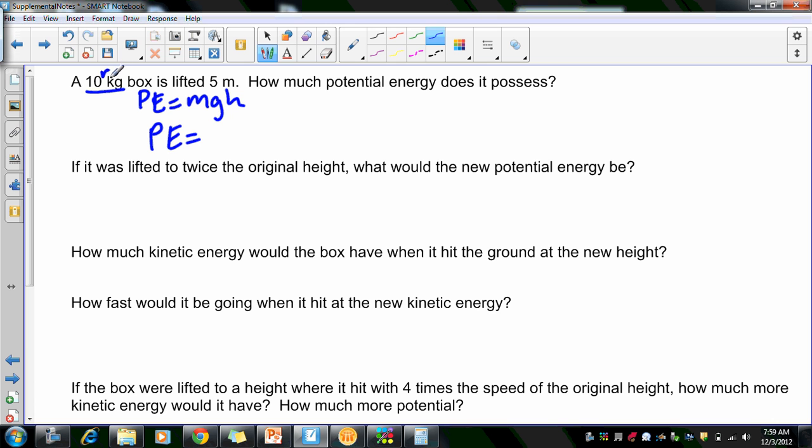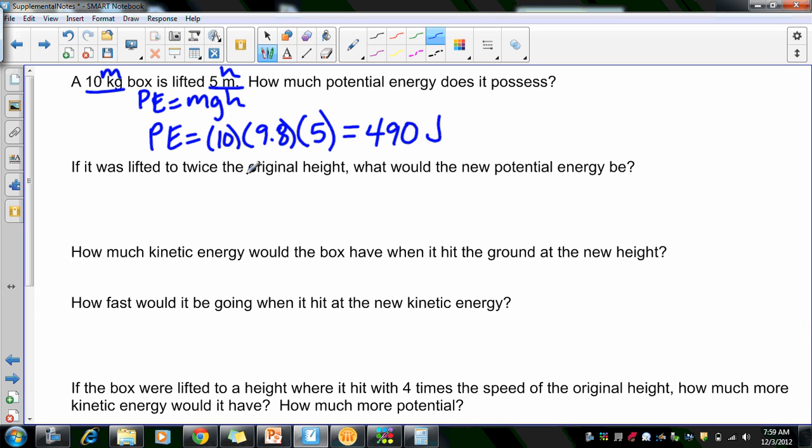Mass is in kilograms. So 10 times g, which is 9.8, times h, which is measured in meters. The type of distance, just vertical. So then 10 times 9.8 times 5 gives us 490 joules of potential energy.